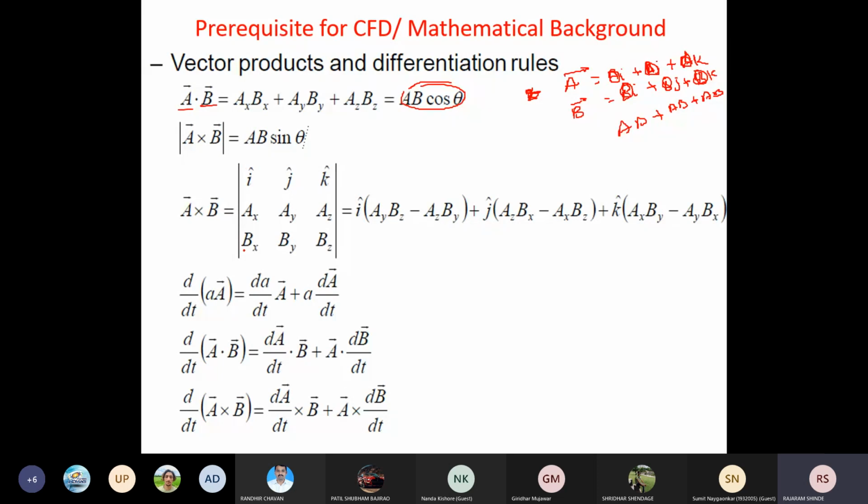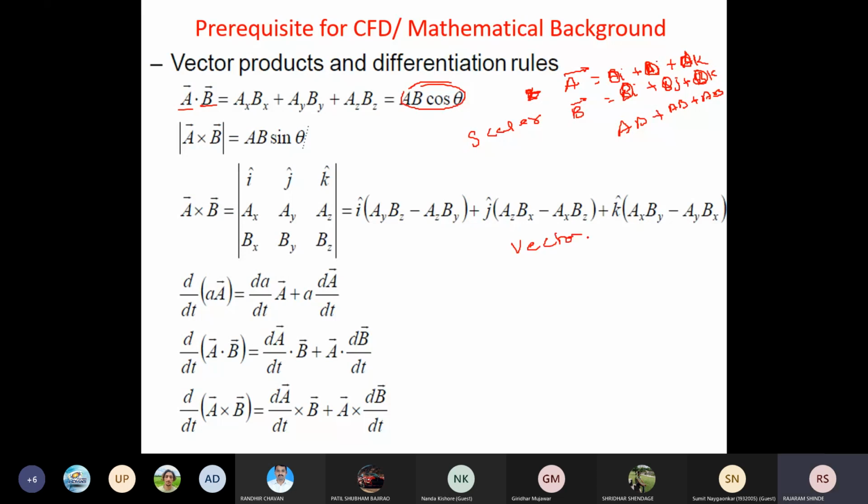Here, these are the coefficients of the first vector. These are the coefficients of the second vector, and the determinant of the matrix formed by these components will give the cross product of the vectors. Now this dot product will result in a scalar, and this cross product will result in a vector.